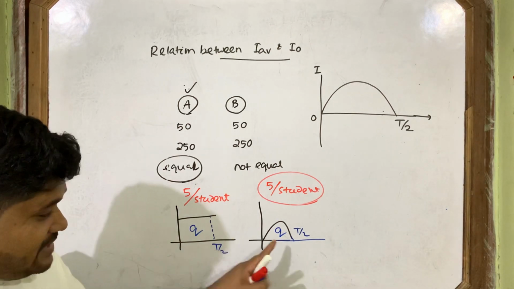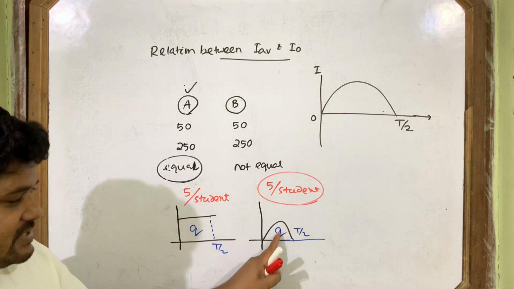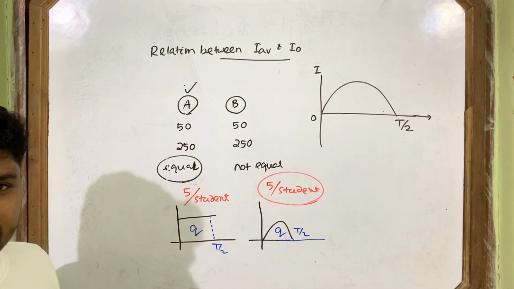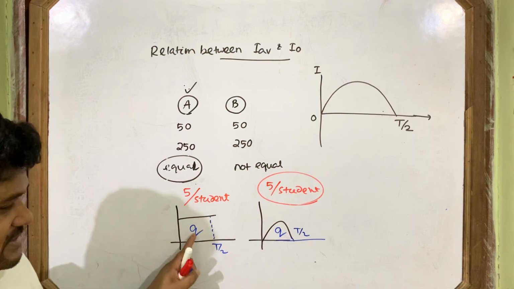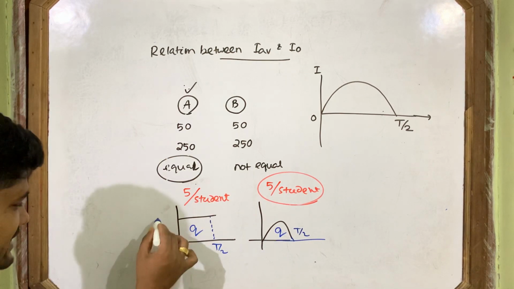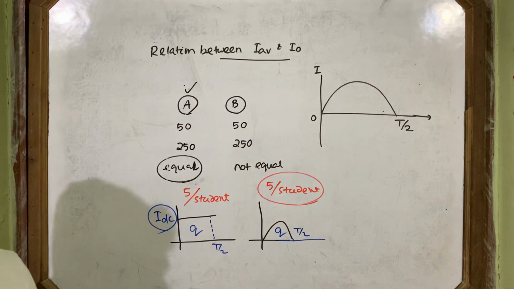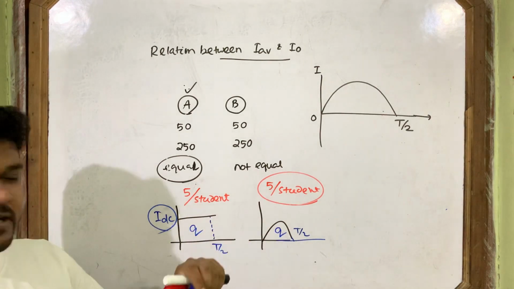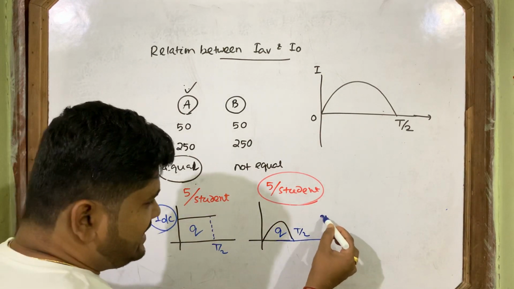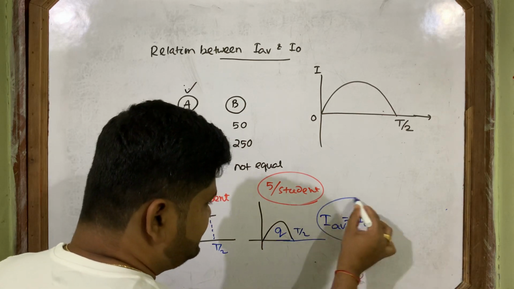If the same charge passes in the same time, then this DC value is nothing but the average value of AC. Means the AC average value is nothing but the DC value.